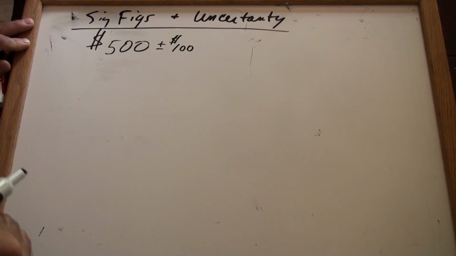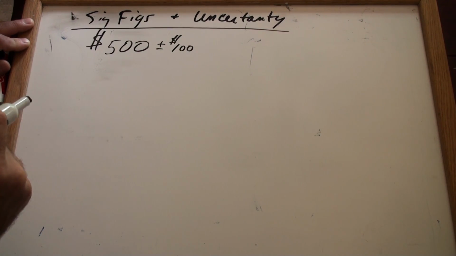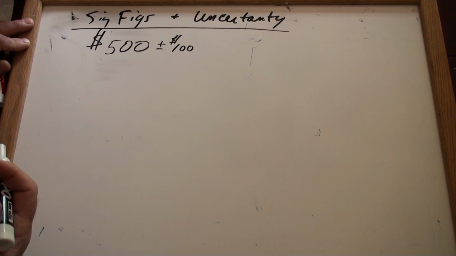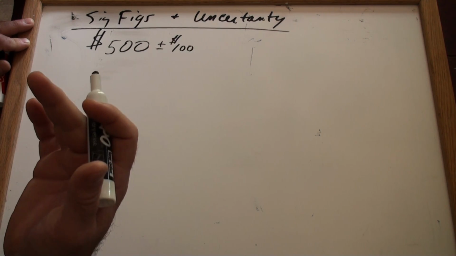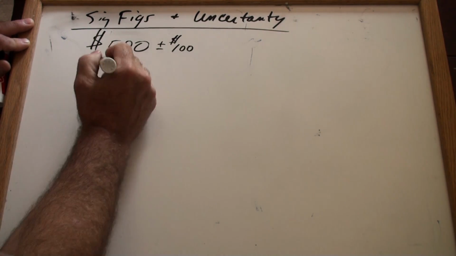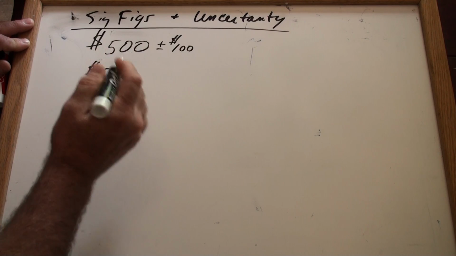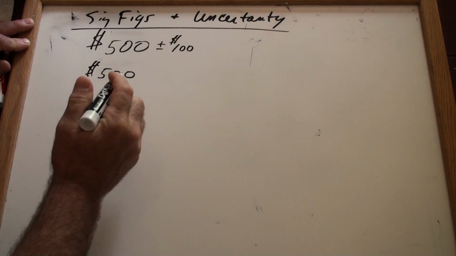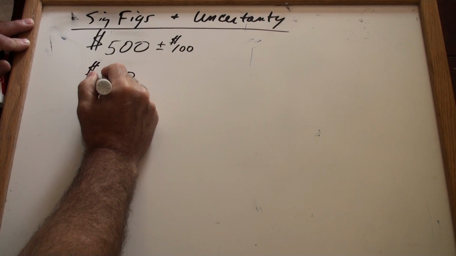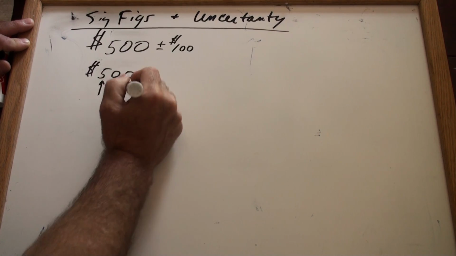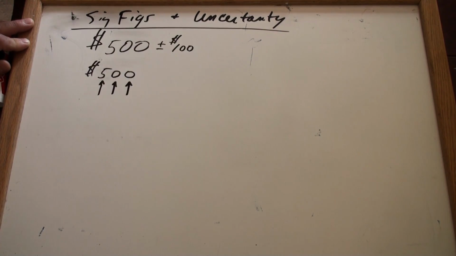All right? Now, what if instead of having $500 in my pocket and it was all $100 bills, what if I had $1 bills in my pocket? Then what if I miscounted on that one? Now I have $500 in my pocket, but how do I tell everybody that it's $500, but this isn't a guess, I'm guessing that it's right there at the ones place.